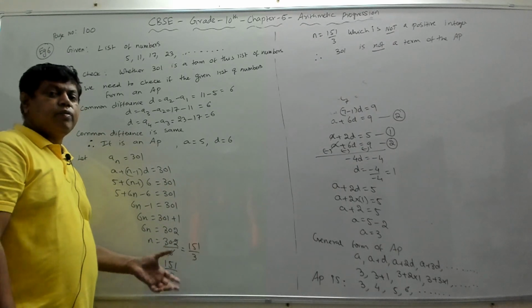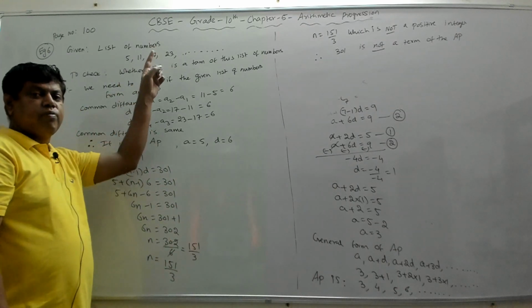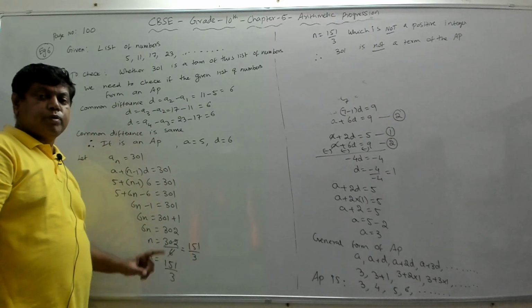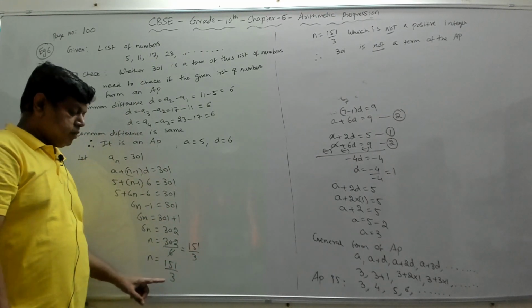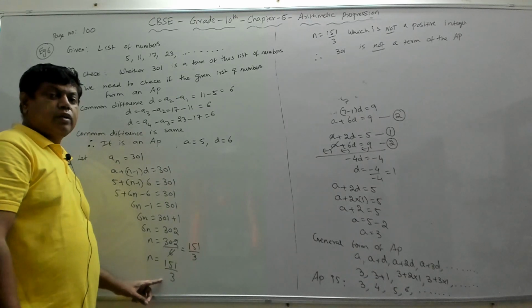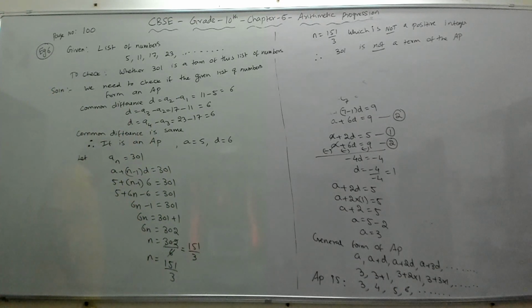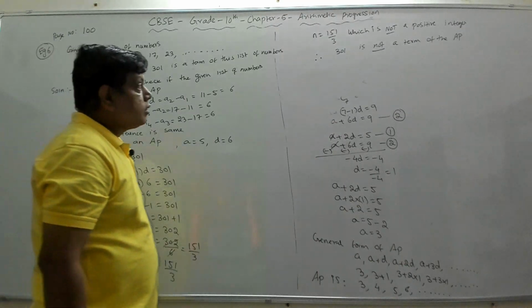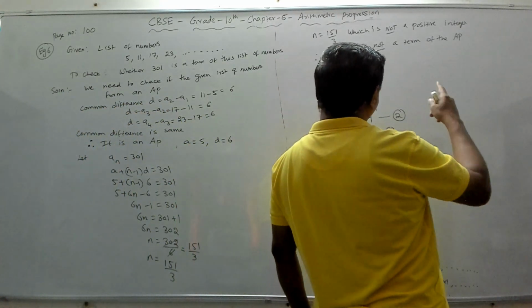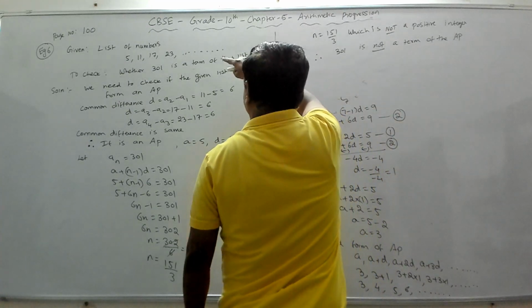If n is a positive integer, then we can say it's a term in the AP. If n is not a positive integer, which means n is negative or a fraction, then we can say that 301 is not a term of the given list of numbers.